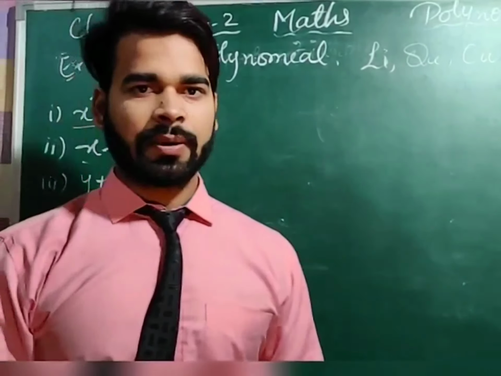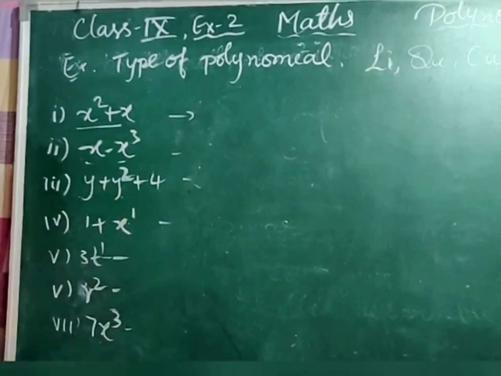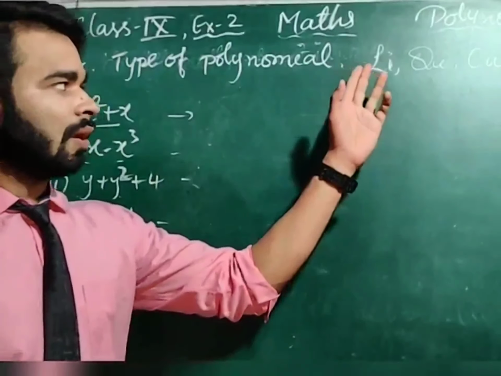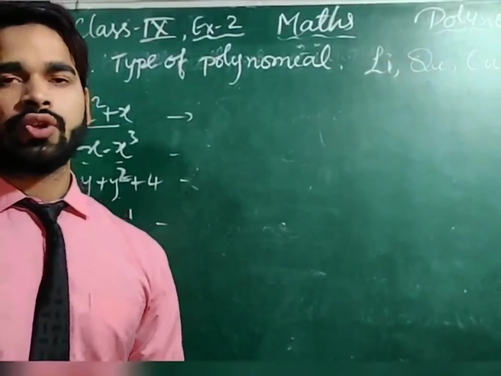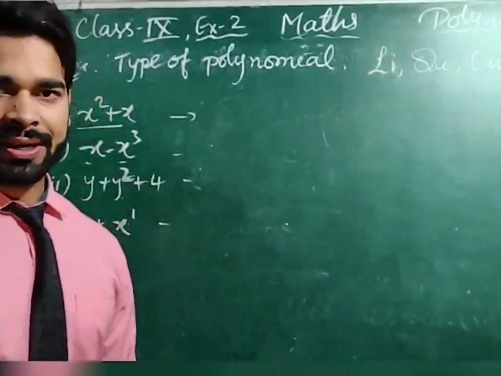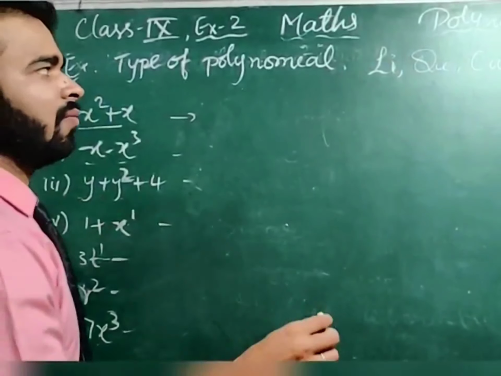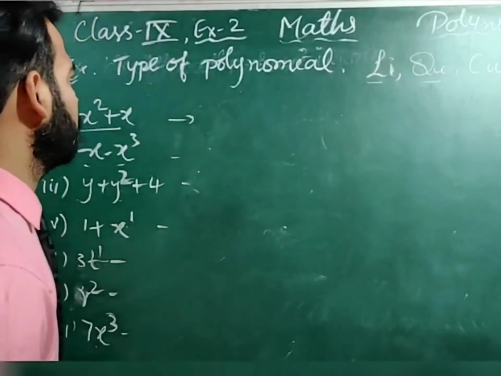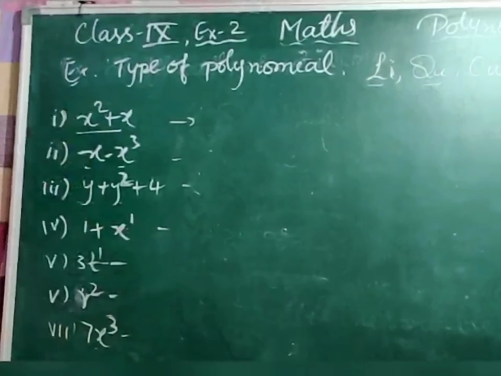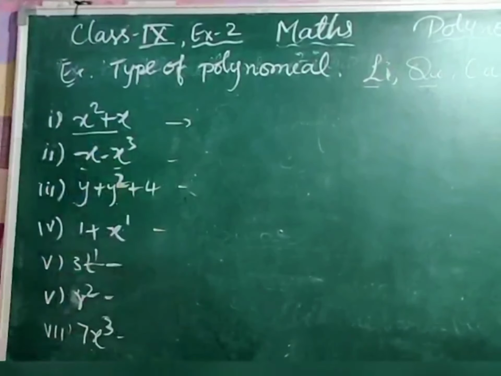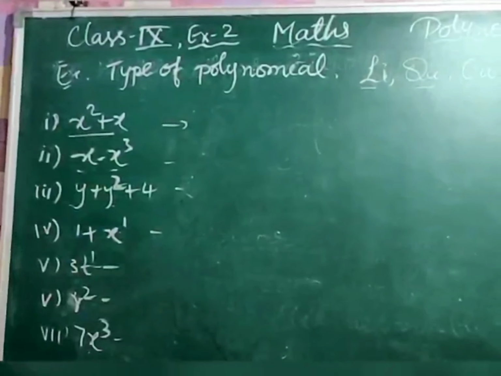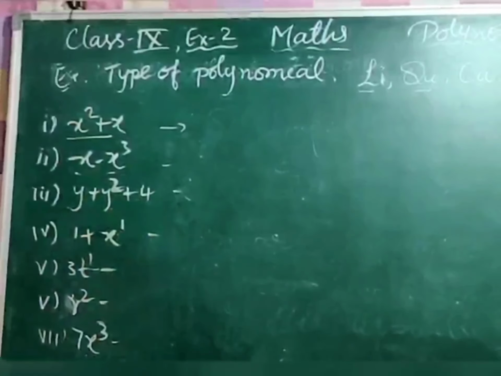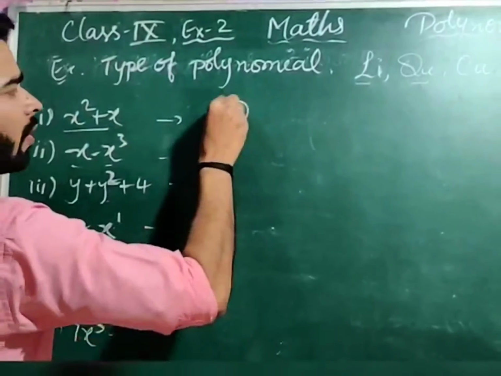Let's have some other examples of polynomials. In this example, we have to tell the types of polynomial, either linear, quadratic or cubic. So on the basis of the highest power, the degree of the polynomial, we will classify it as linear, quadratic or cubic. Coming to the first question, first of all we will tell in which variable it is. The highest power is 2, which is quadratic, and the variable is x, so it is a quadratic polynomial.